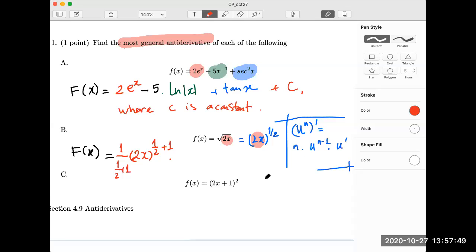Look at this. If u is 2x, therefore u prime will be 2, right? U prime is 2.